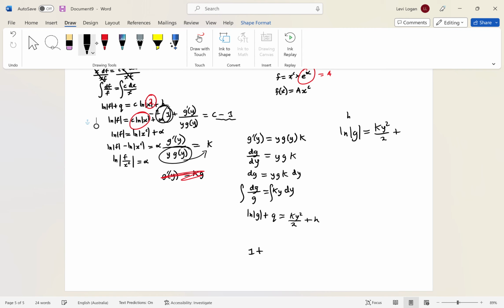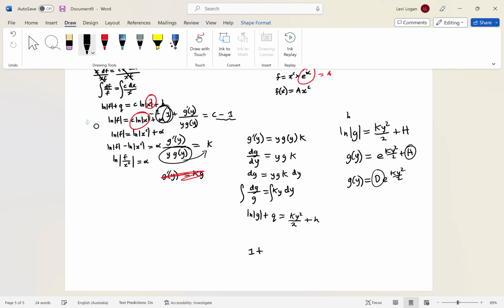I'll just say that's capital H. Exponentiate that, so g of y is e to the k y squared over 2 plus H, and of course simplifying that, g of y is equal to d e to the k y squared over 2. So all I did was change this constant to a constant here. Okay, so that's all I did.